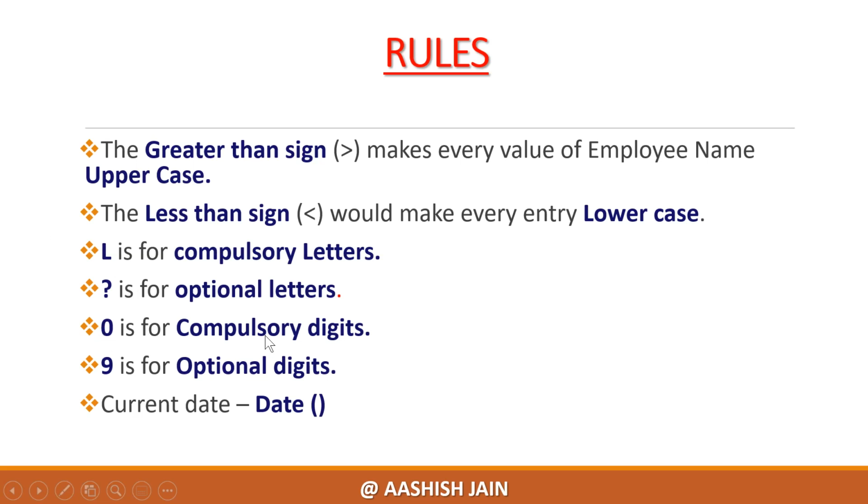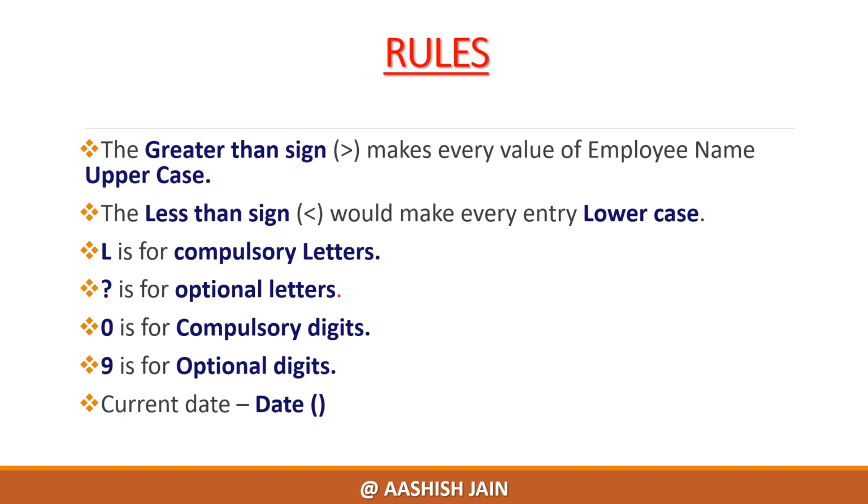Okay, and 9 is for optional digit. Okay, and the last one is for the current date. Suppose we want some information about the date of joining of that particular employee, so we will put some constraint there like current date. Okay, so these are the basic rules of MS Access.